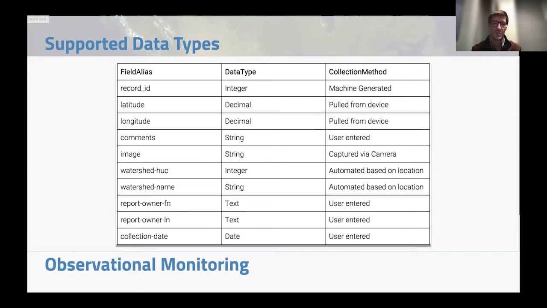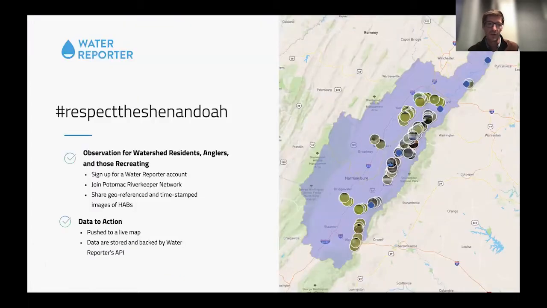Right off the bat, a user can collect a specific location, add comments, as well as an image. Then our system will collect the watershed name, as well as submit a number of notifications to different administrative users, such as Mark and his team at Potomac Riverkeeper Network.